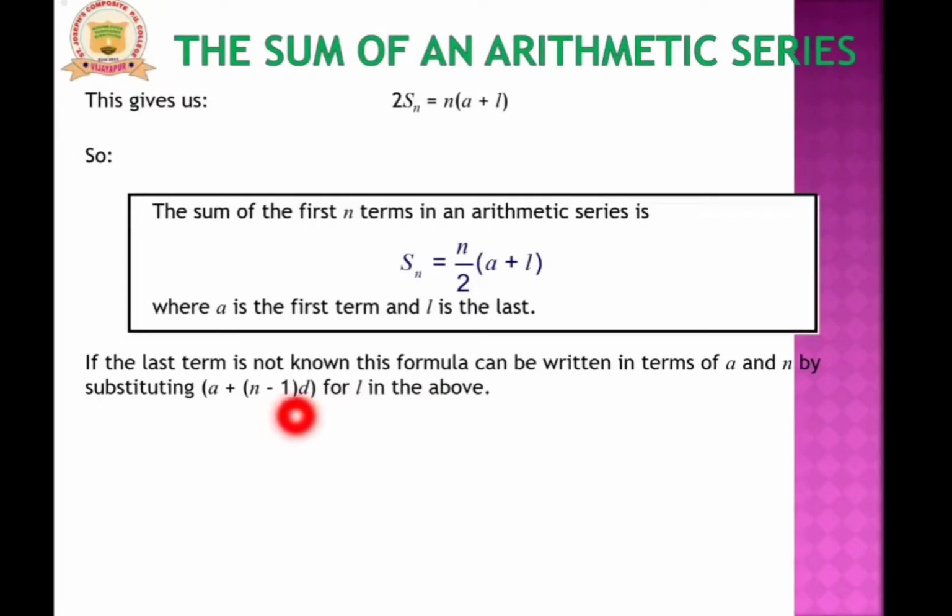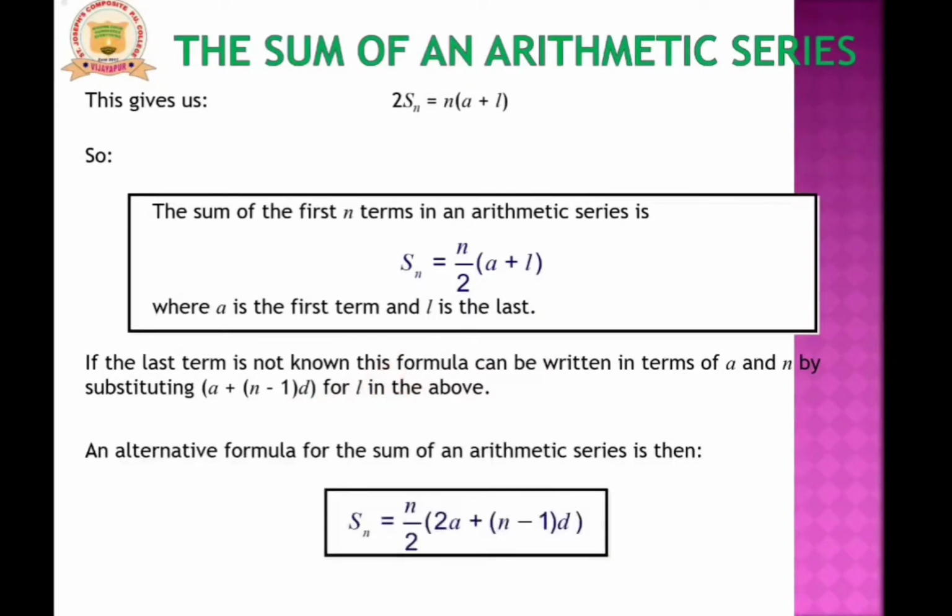If we don't know the nth term, that is L, at that time we have to substitute L as a plus n minus 1 into d. So then we get the alternative formula for the sum of an arithmetic series: Sn is equal to n by 2 into 2a plus n minus 1 into d.